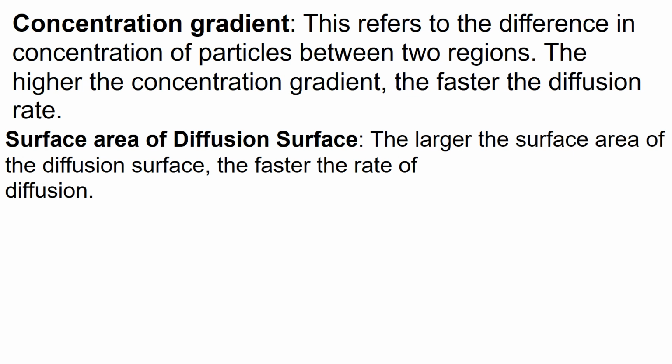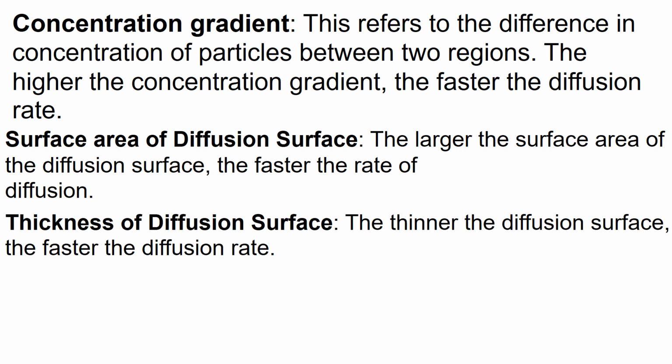What of the surface area? The larger the surface area of the diffusion, the faster the rate of diffusion. Thickness of diffusion surface. So the thinner the diffusion surface, the faster the diffusion rate is going to be.